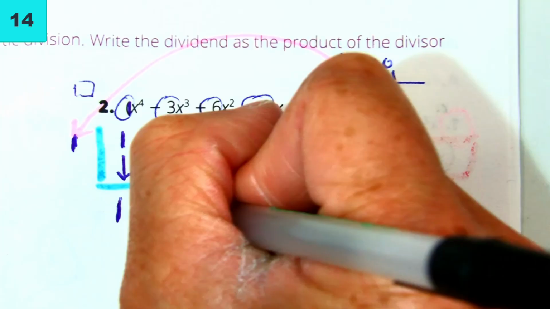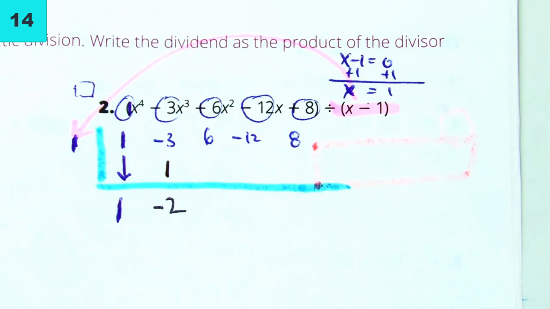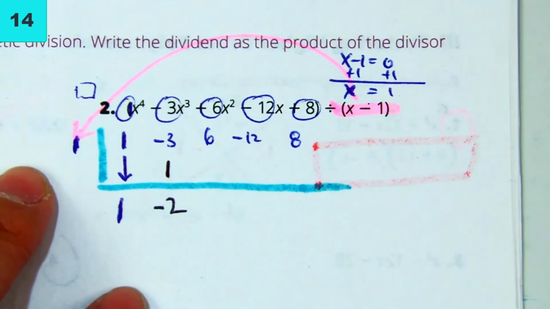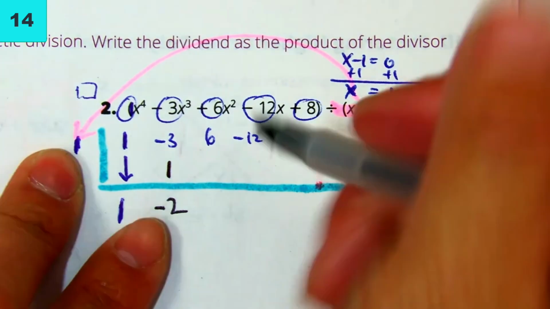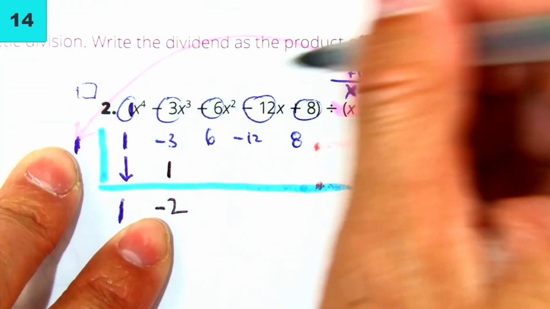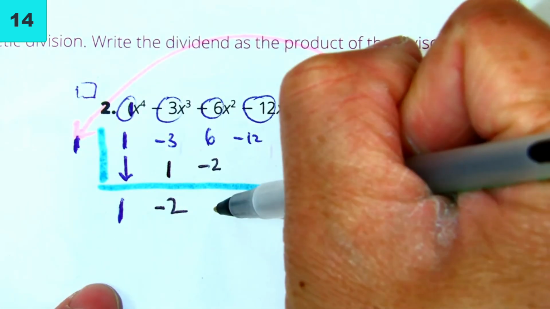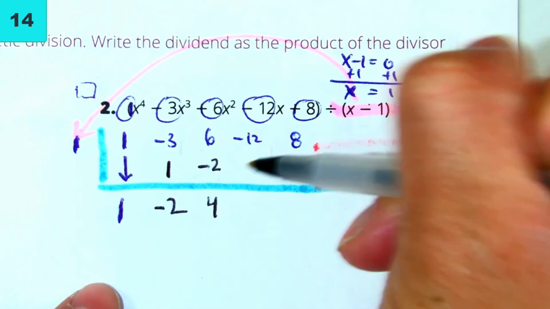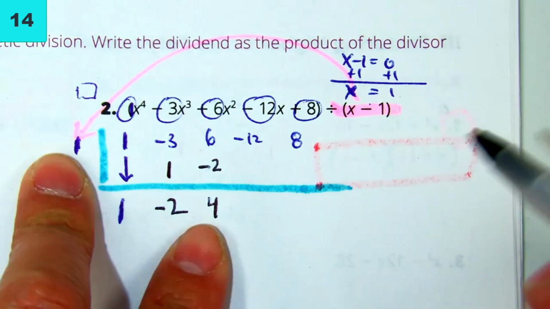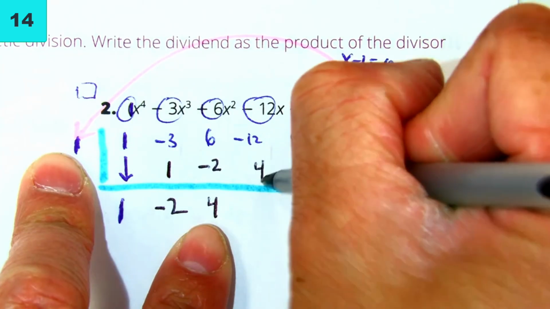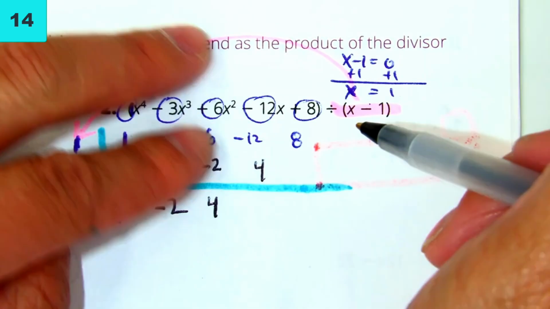Negative 2. And then basically what we're repeating is just multiply, add, okay? Class, 1 times negative 2? Negative 2. Add down. 4. Multiply. 4. Add down. Negative 8.